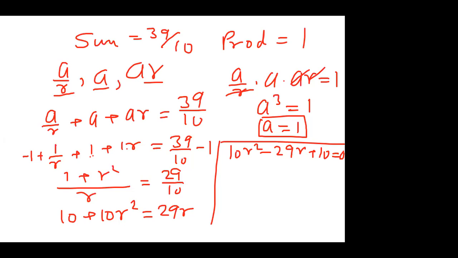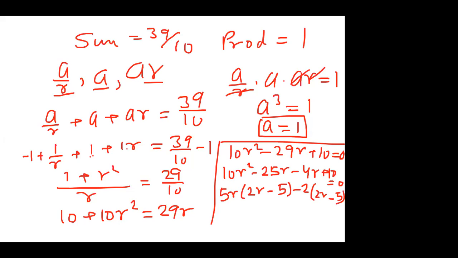We need to factorize it. 10 R square minus 25 R minus 4R plus 10 equals 0. So 5R(2R minus 5) minus 2(2R minus 5). So the value of R is coming either 5 by 2 or 2 by 5.